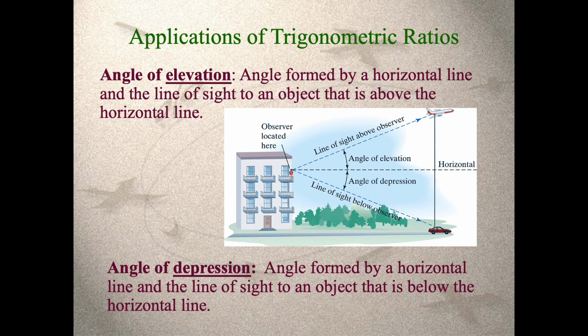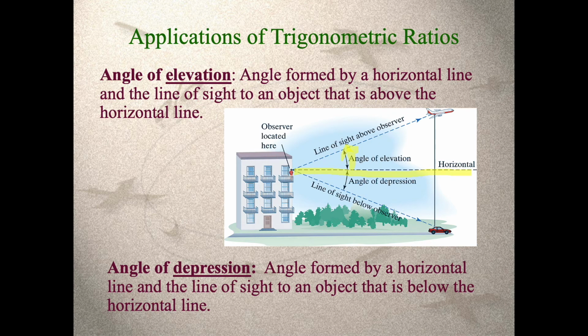All right, so let's say you're this person in this picture that's standing on the balcony. Okay, you create a horizontal line to the ground from your eye level, and anything above that creates an angle of elevation. So this person looking at the airplane creates that angle of elevation because it's above the horizontal line.